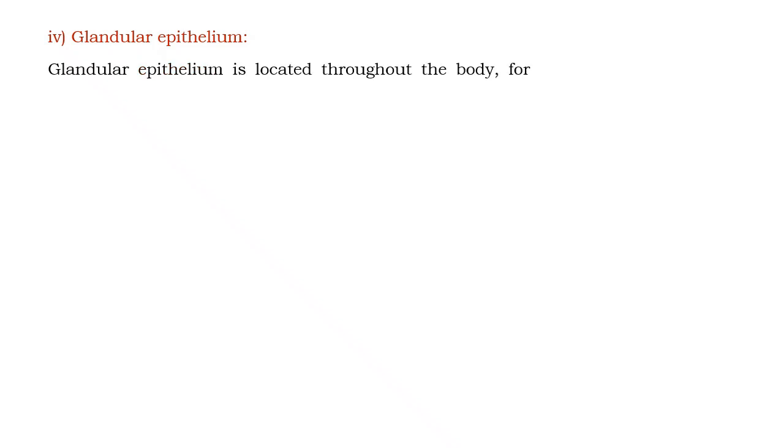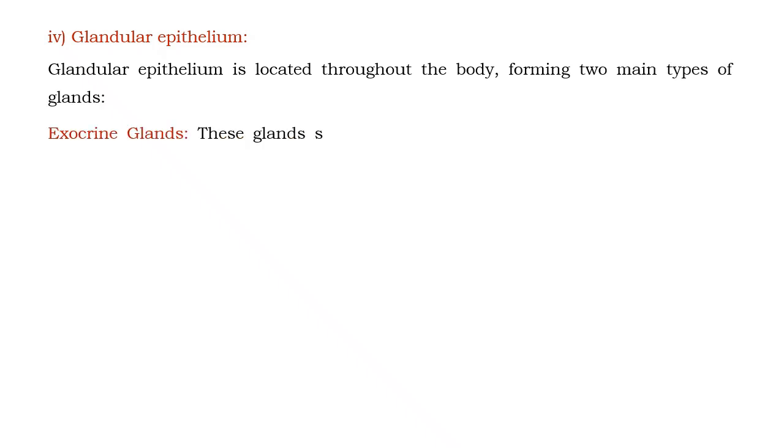Glandular epithelium. Glandular epithelium is located throughout the body, forming the two main types of glands. Exocrine glands. These glands secrete their products into ducts that lead to the surface of an epithelium.